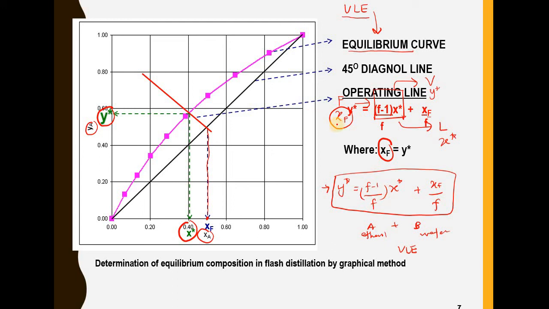Next, for a certain question, we have F and XF, and V with Y star, and L with X star. Usually we will know the XF value, how many mole fraction of ethanol is inside the feed.